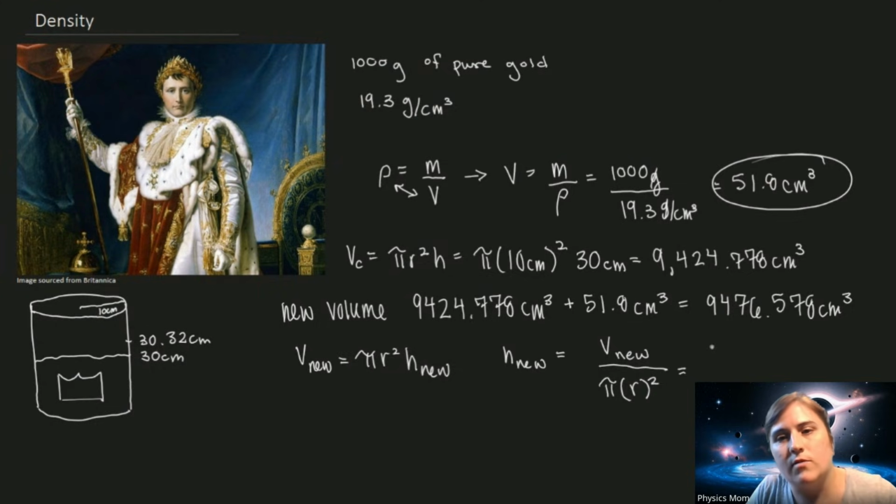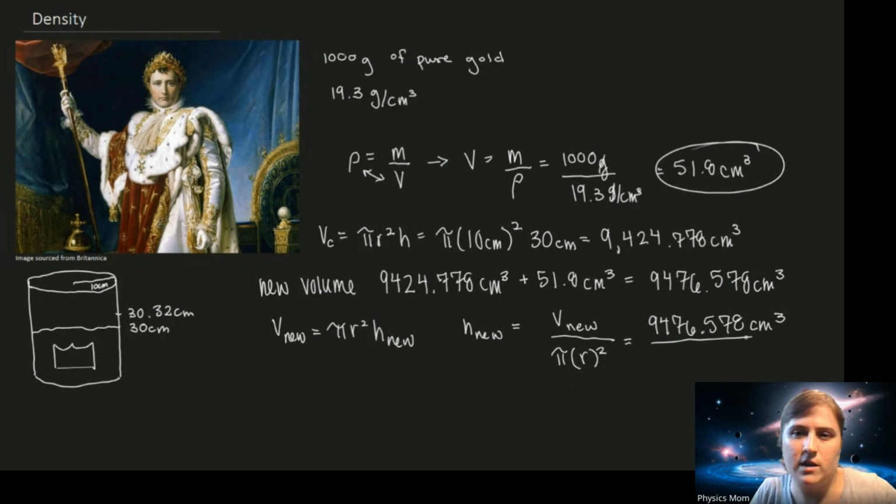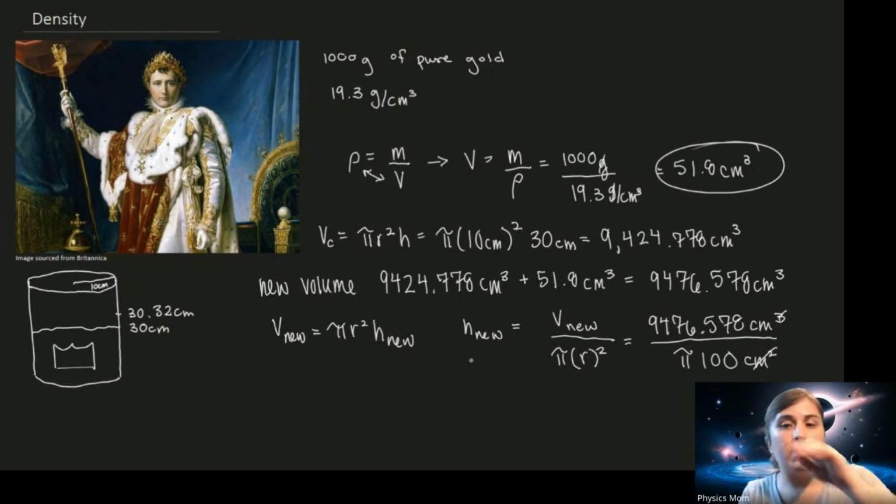So in this case, I have 9,476.578 centimeters cubed divided by pi times 100. This would be centimeters squared. The centimeters cubed cancels the centimeter squared, leaving just a centimeter, which is completely fine if I'm expecting the height to be just in centimeters.